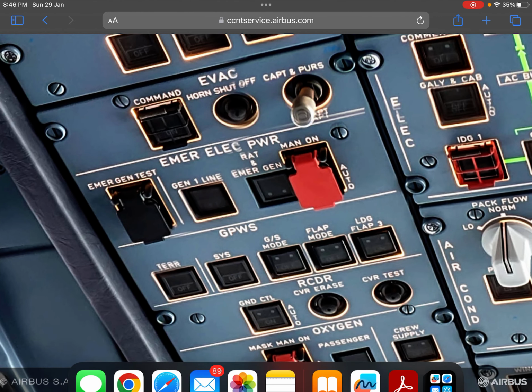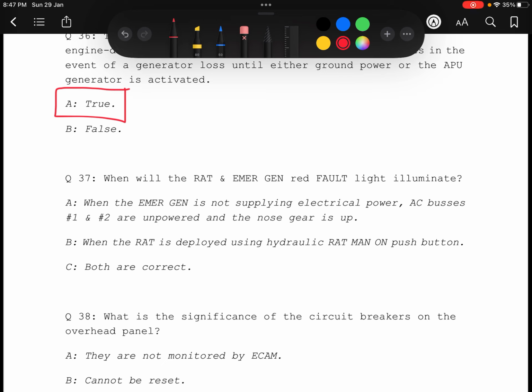It comes when the emergency generator is not supplying electrical power and AC bus 1 and AC bus 2 are unpowered, right? So whenever AC bus 1 and AC bus 2 are unpowered, it's the actual time for which the RAT has been made. We are using the RAT. So this is the time when the RAT should supply.